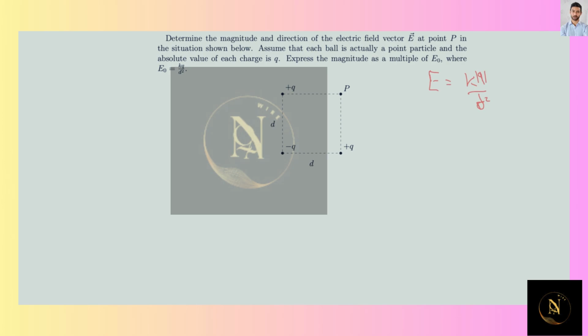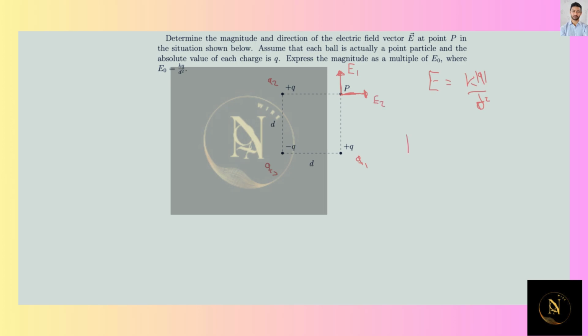Let's call this q1, let's call this q2, and let's call this q3. So the electric field due to 1 is going to be pointed outwards because positive would repel. Over here, it is going to be pointing outwards as well. So this would be E1, E2.